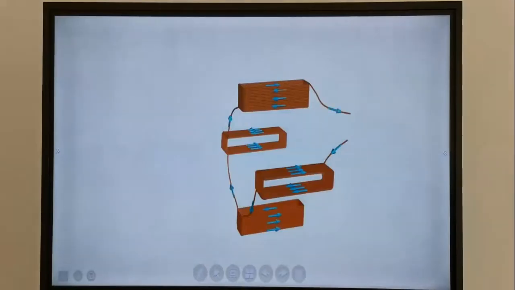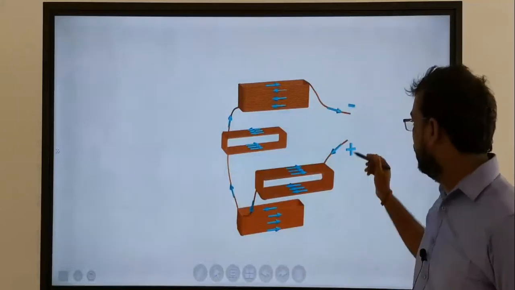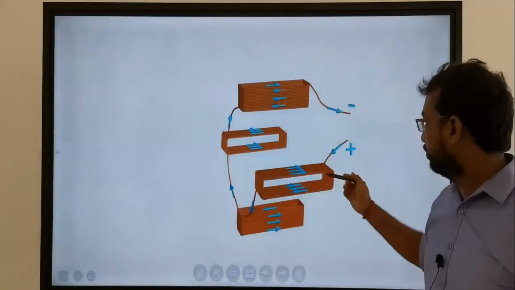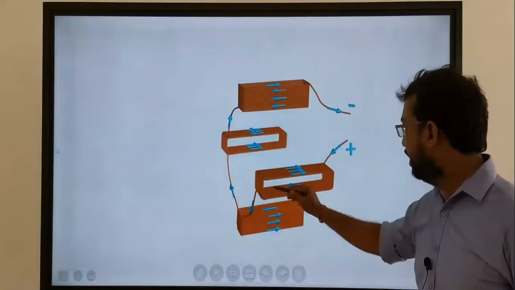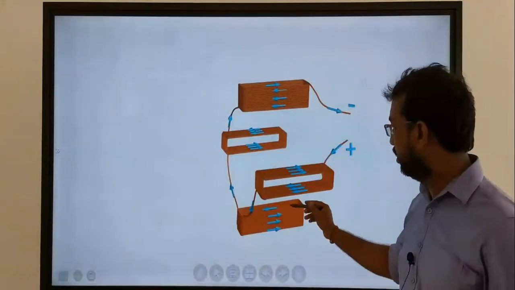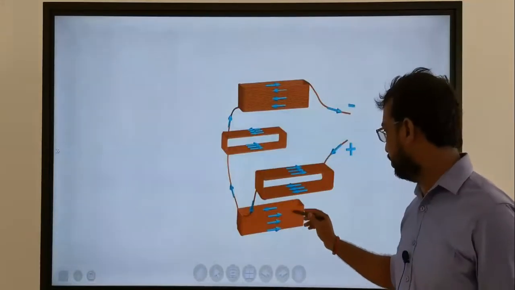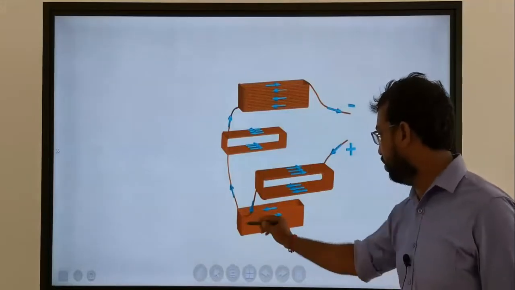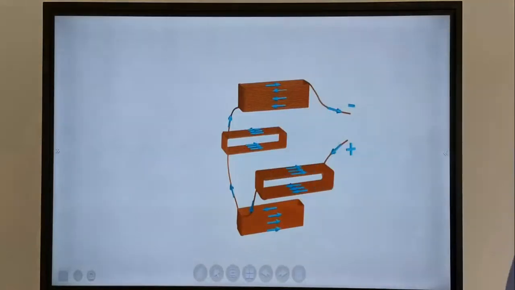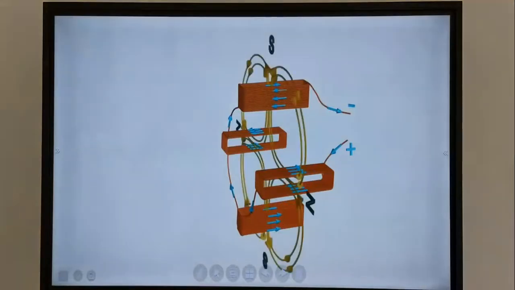These are the coil windings. You can see how the direction is changed. The current input is here and output is there, so the current flows like this, and here also it goes like this, and rotates.